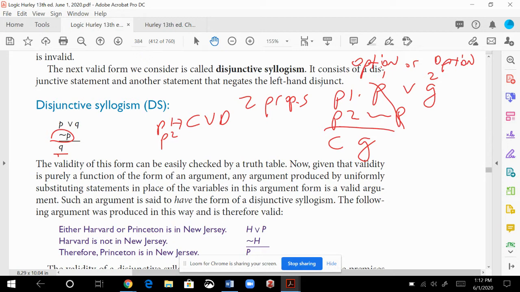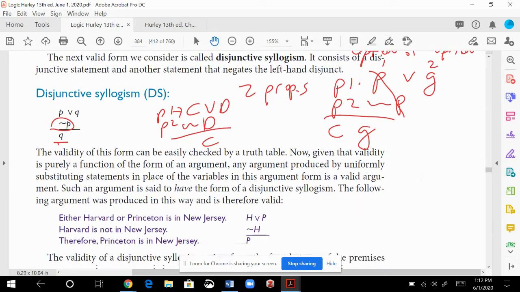That's right, deny. Pick one. C or D, right? We'll deny D, so therefore you bring down C. That's it. So that's for disjunctive syllogism. Make sure you have a tilde in your second premise. If you do not, it is not a disjunctive syllogism. Okay.